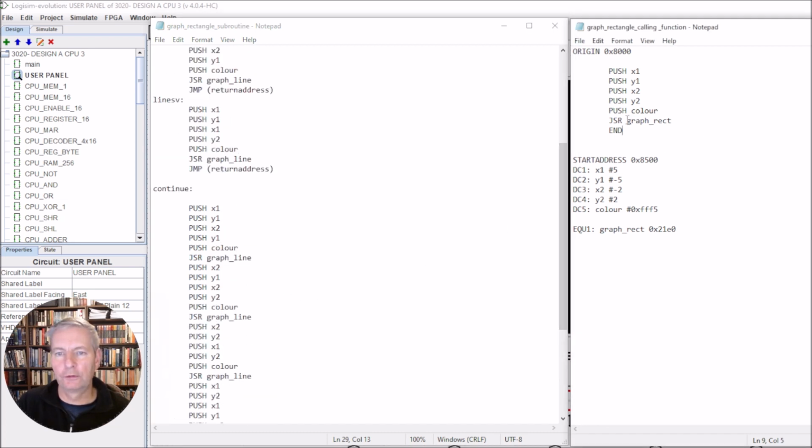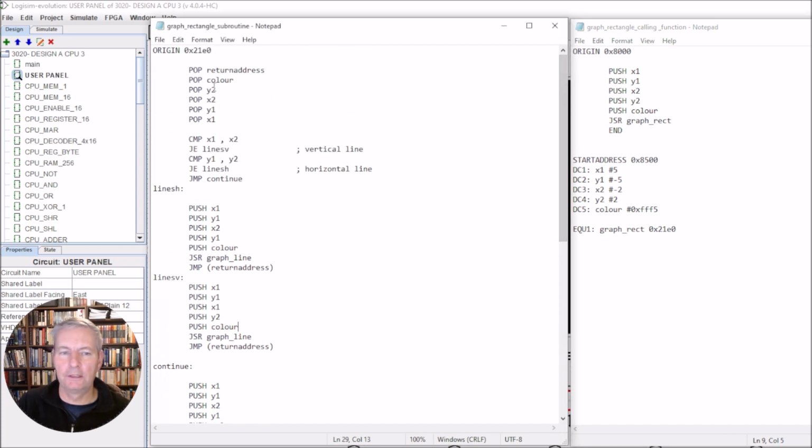So it will return control up to this end point and it will just end. So we can put our values in here in decimal for our corner points for our rectangle and also the colour here as well. So that's relatively straightforward. Now let's look at the actual subroutine.